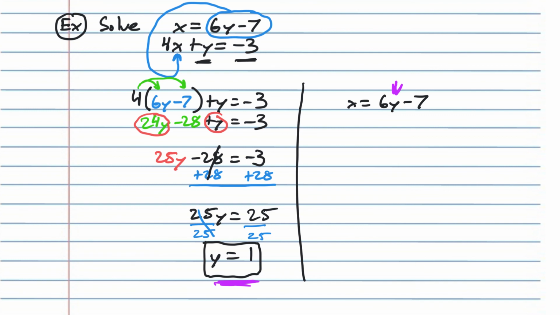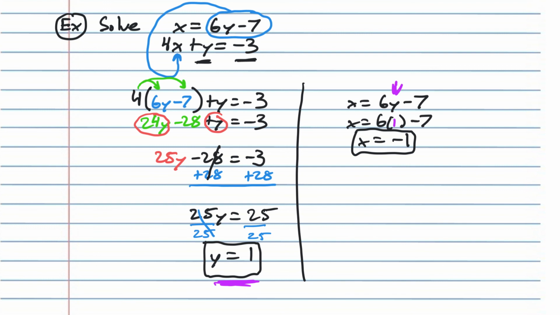So it looks like this. x equals 6, and then y, we now know is 1, minus 7. We do some mental math. 6 times 1 is 6, and then 6 minus 7 is negative 1. So now we know what x is.